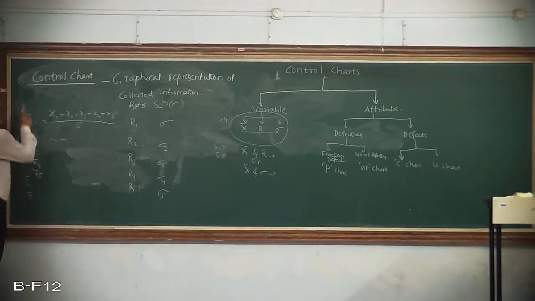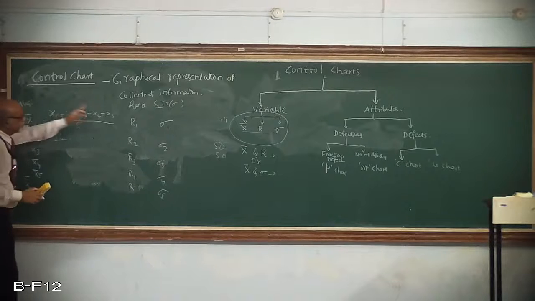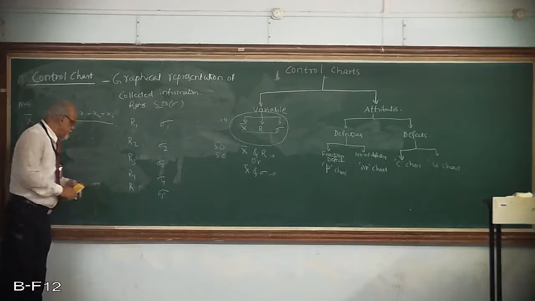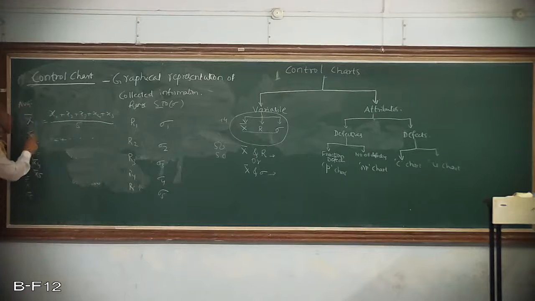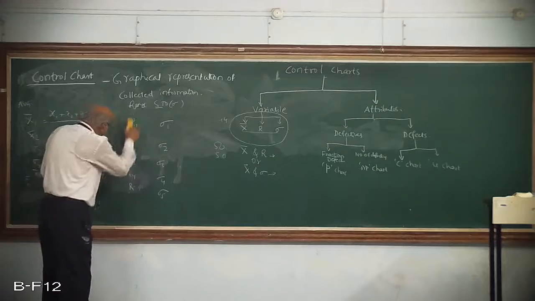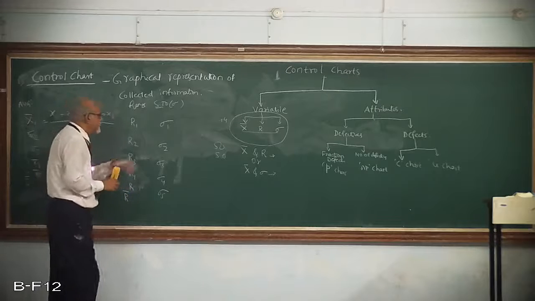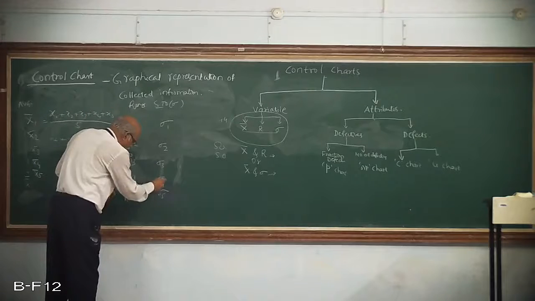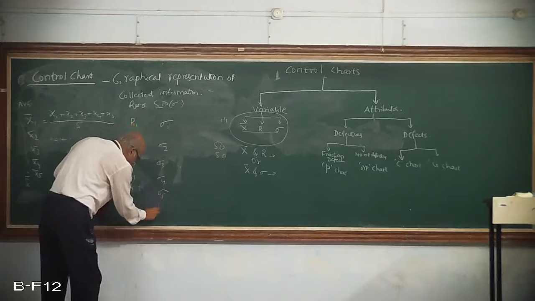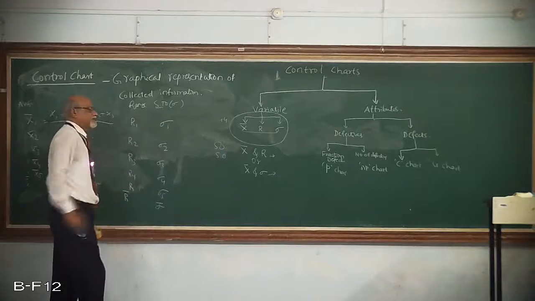These are average values. What is one? Average, range, these things. If I find the average of these averages, I call it as X double bar. If I find average of these ranges, I will call it as R bar. If I find out the averages of these standard deviations, I will denote it by sigma bar.